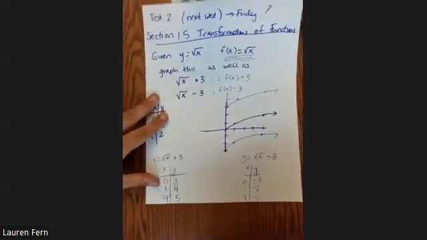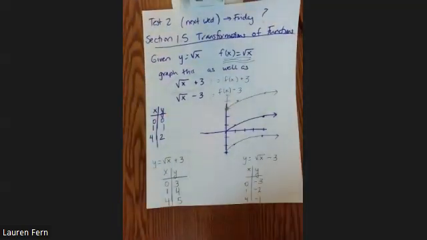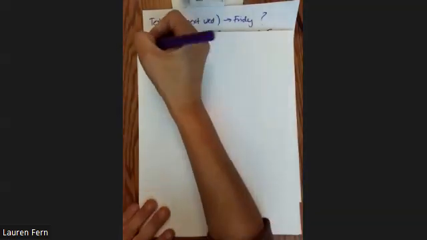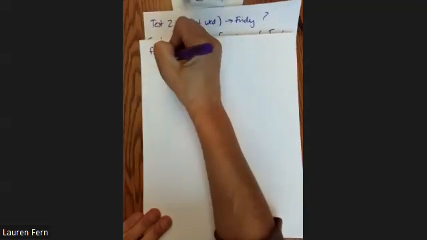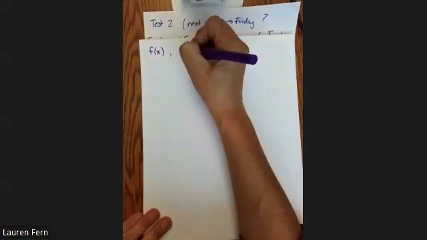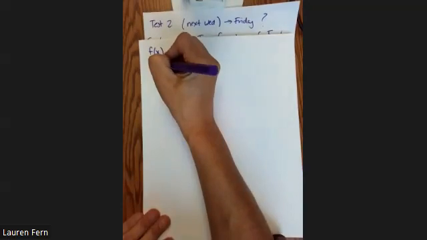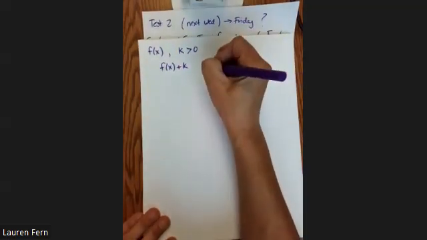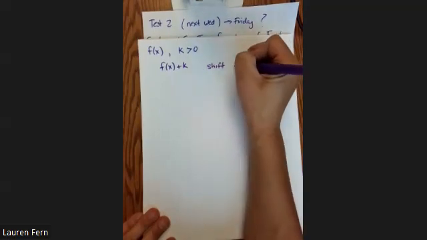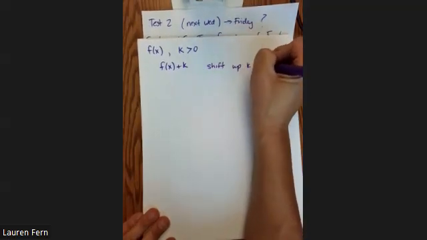So, to summarize this sort of function transformation, if you have a function f of x and you take some constant k that's positive, if you add k to that function, you take your graph and you shift it up k units.